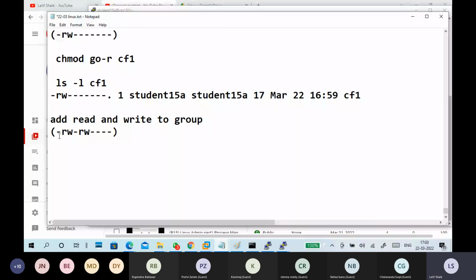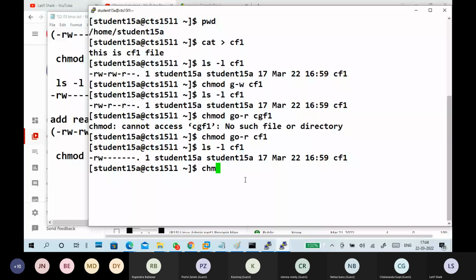So chmod, for the group you're adding rw, like that, on cf1. chmod g+rw cf1. See, we got it.